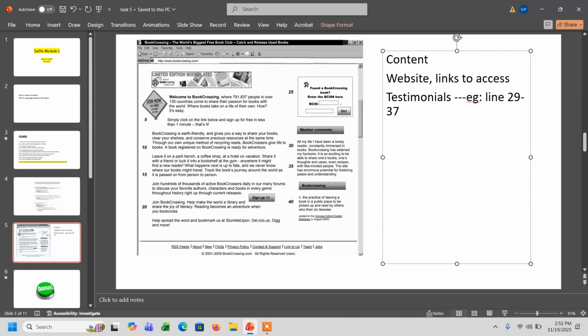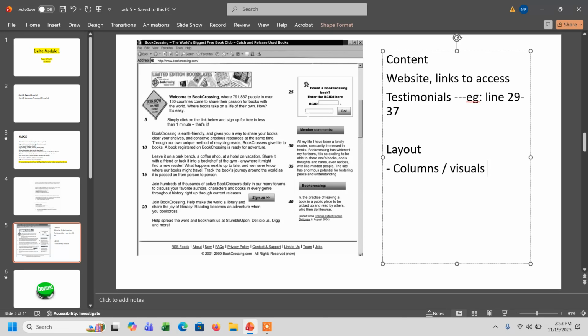Okay, so this is the content. How about layout? Layout is, I see two columns, the first column here and the second column here, like left side and right side, and also use of visuals, with a banner and with those join now or sign in things. Sign in, sign up things.